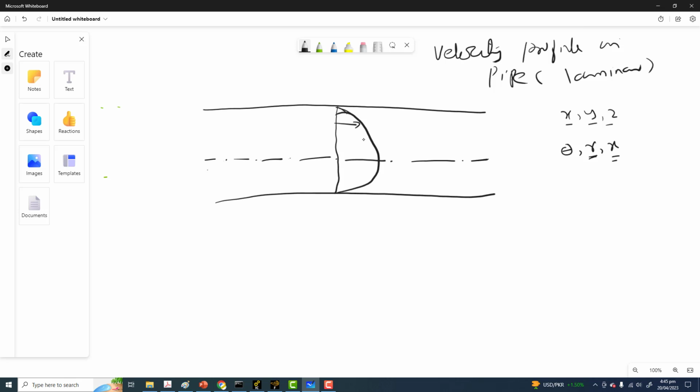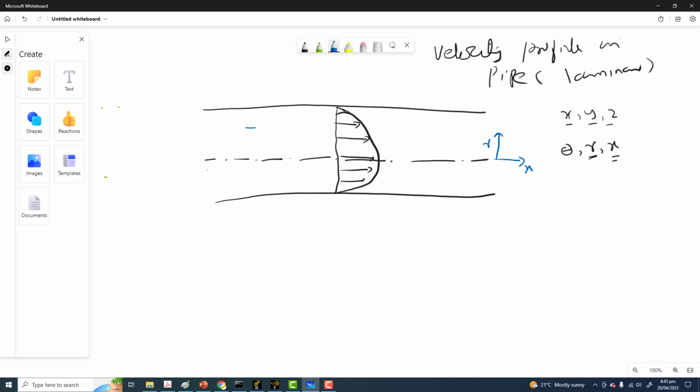This is a very rough figure I have drawn here. The actual figure is symmetric around the axis. The axis is also drawn a little bit on the lower side. Anyhow, here we place the axial coordinate x and the radial coordinate r.